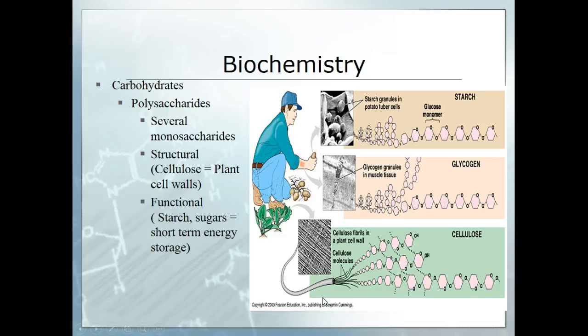Monosaccharide is 1, disaccharide is 2, polysaccharide is 3 or more, or several. The 3 examples of monosaccharides: glucose, fructose, galactose. The 3 disaccharide examples: maltose, sucrose, lactose. And the 3 polysaccharide examples would be starch, glycogen, both functional, and cellulose, structural.